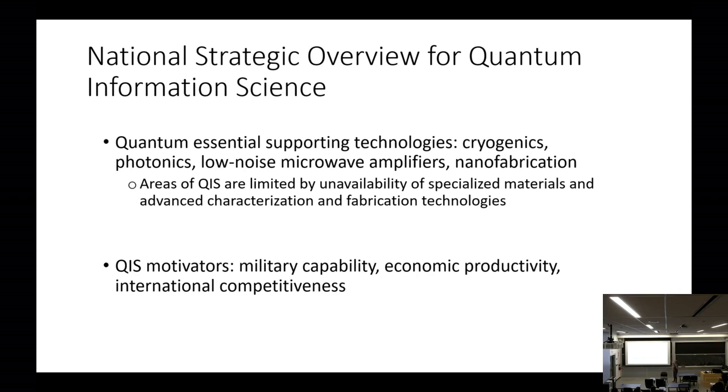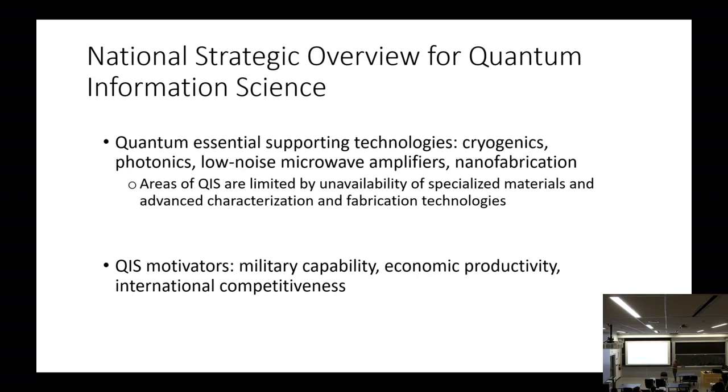To really capitalize on what's coming along in quantum computing, we have to support these other technologies that are going to be absolutely essential for them working. So things like cryogens. How many people have heard that getting liquid helium is hard? Everybody, right?